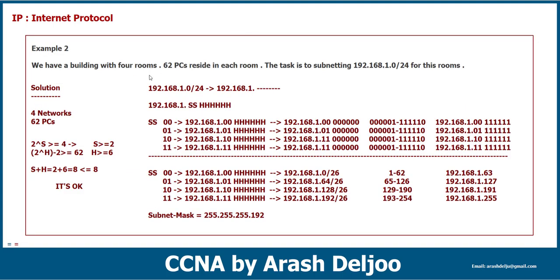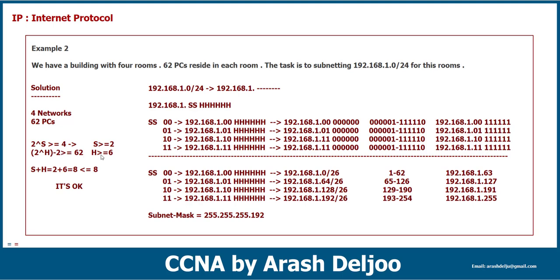Look here. Here we can see the solution. We need 4 networks. In each network we have 62 PCs. Again, as you can see, this is the calculation of the requirement. 2 to the power of s should be greater than or equal to the 4 networks, and because of that we need a minimum of 2 bits for subnets, because with 2 bits we can create 4 subnets. After that, 2 to the power of h minus 2 should be greater than or equal to 62.